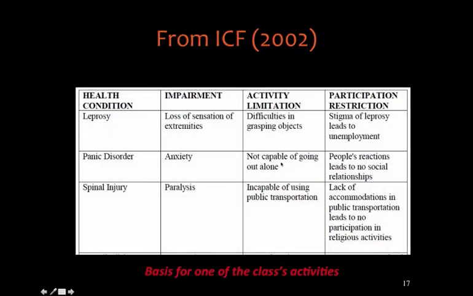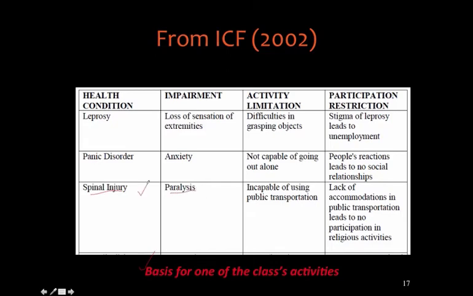Taken out of the ICF, and we're going to do an activity a little bit later in the course on this, is a way to align these things. So you might have an underlying health condition, and so they don't have hearing impairment as one of these, but let's look at spinal injury as an exemplar. So the health condition is a spinal injury. Now that leads to a particular impairment, the impairment of loss of function.